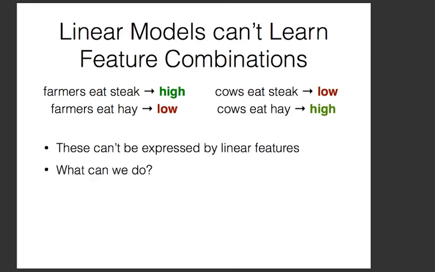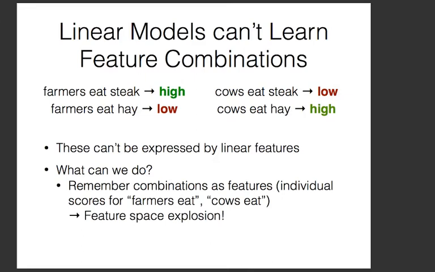So what can we do here? One thing that people tried to do when these linear models were all we could use was remember the combinations as features. So remembering farmers eat, cows eat. And the obvious problem with this is that the feature space explodes. Before we had the number of words times the number of words times the n-gram length that we were considering.